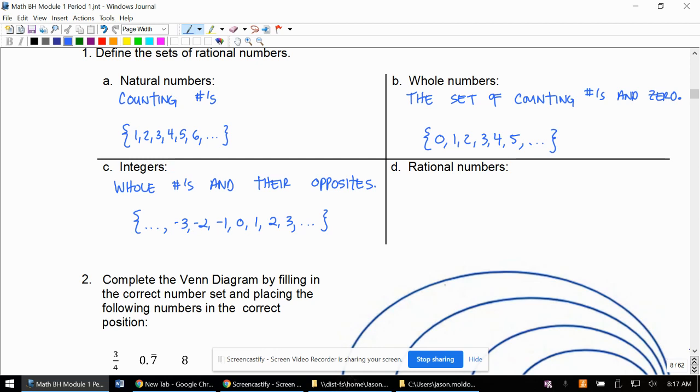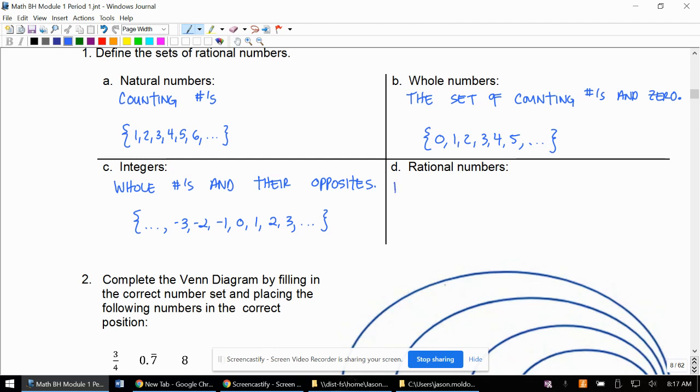And then the largest set, which includes all of these sets, and if you can see, we're kind of building on the previous ones and even using the previous term or definition in defining the next set. And rational now includes all the numbers in between.